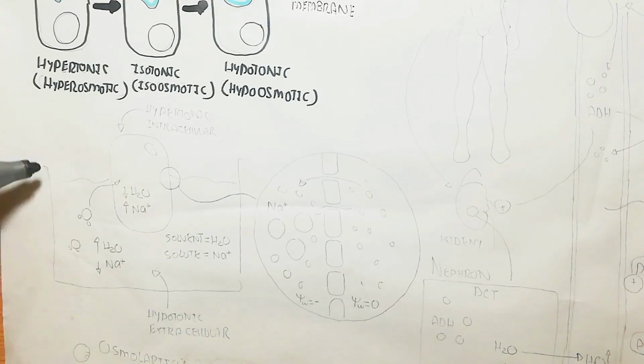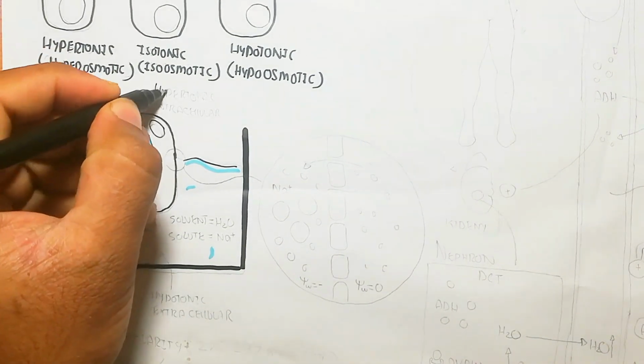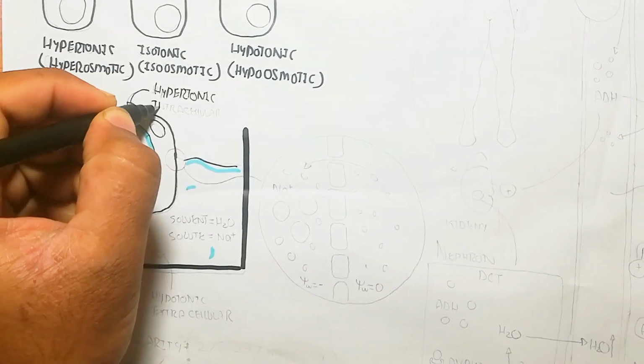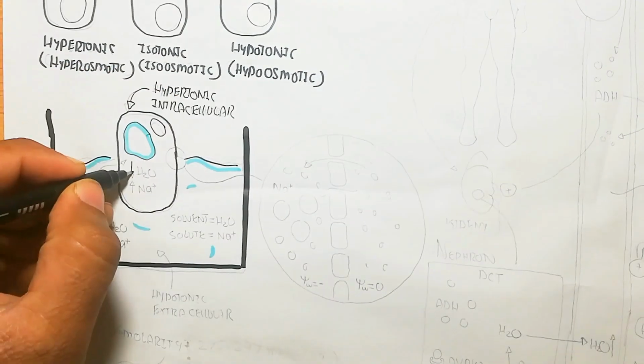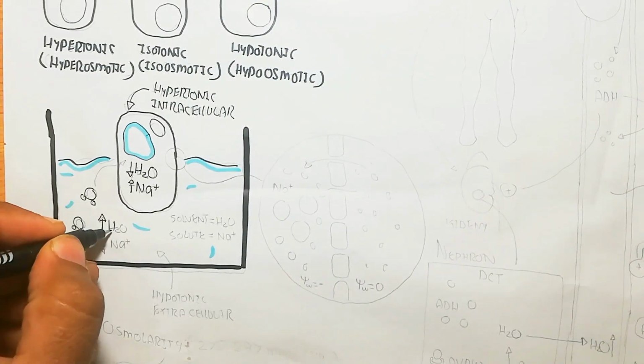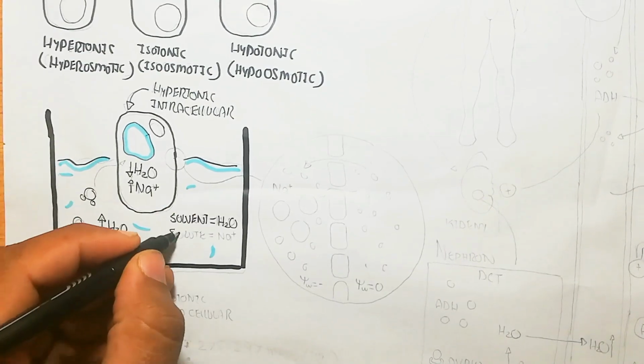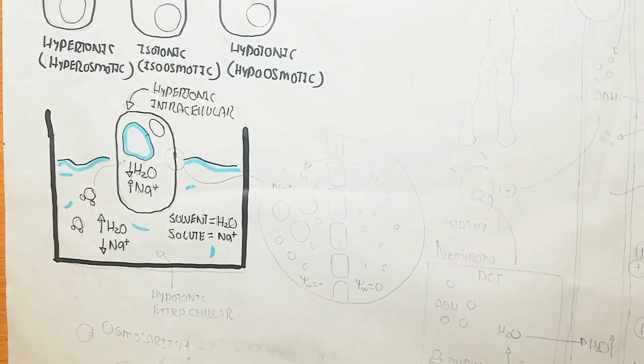For example, suppose the outer environment is the extracellular environment, while the hypertonic one is the intracellular environment. In this way the sodium will be more. For example, supposing the salt, the concentration of water will be less, the solvent will be less, while the solute will be more.